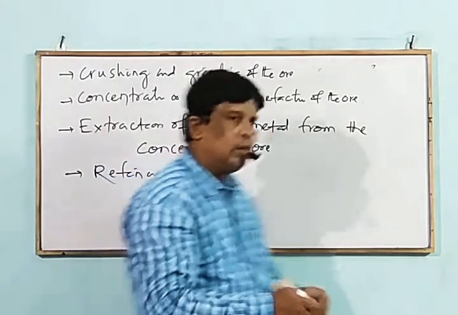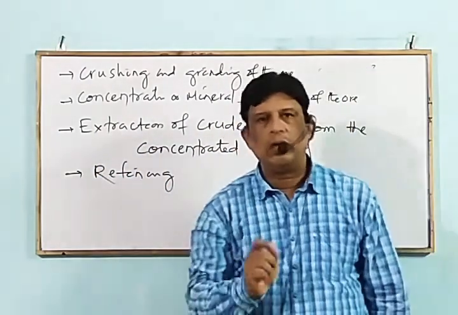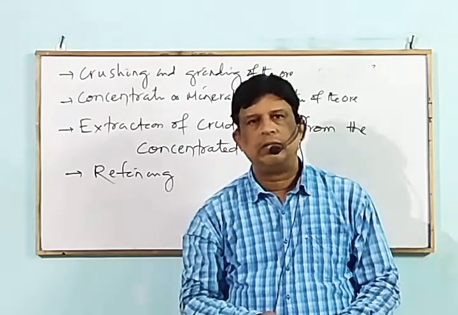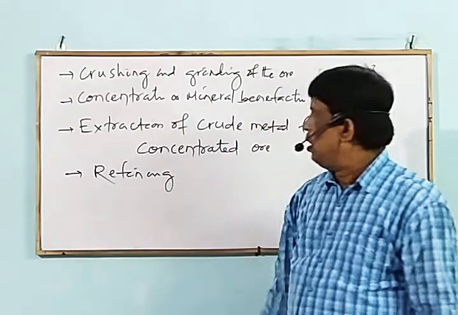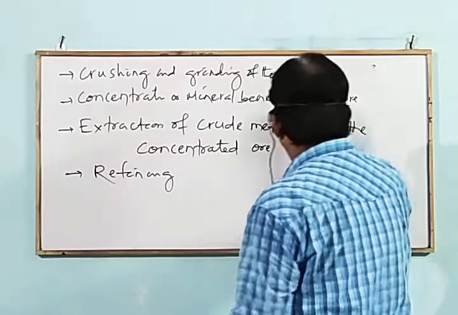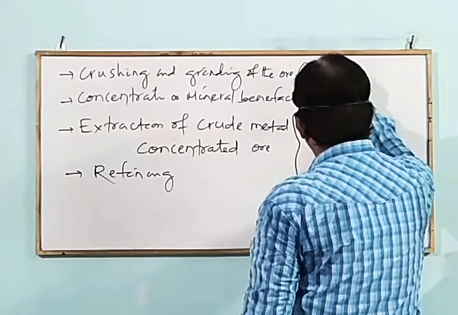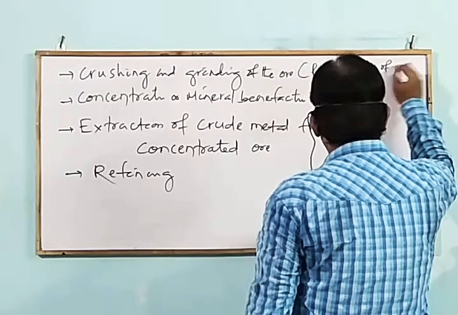Mark that. These are the following steps which are common for all types of metal during the metallurgical operation. Point one is crushing and grinding, otherwise known as pulverization of the ore.